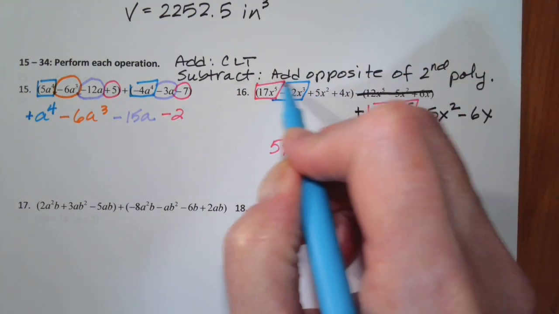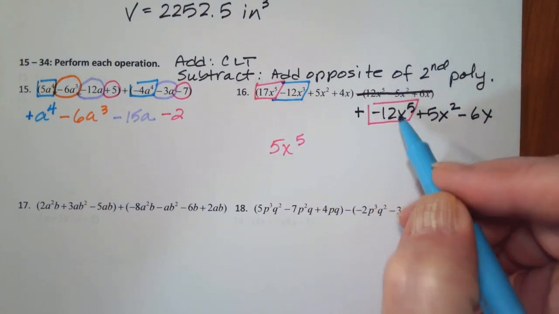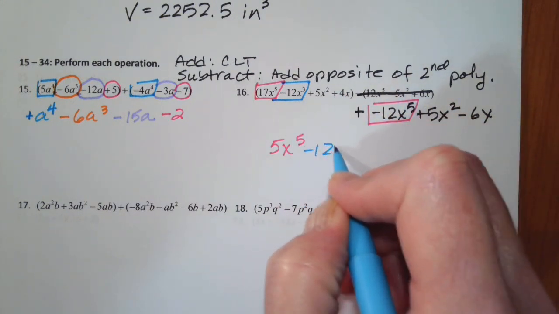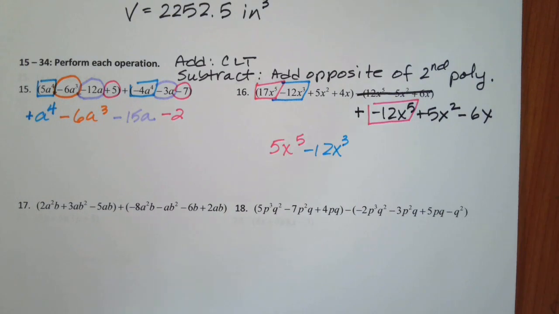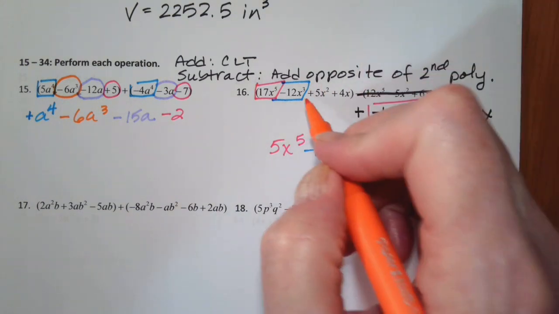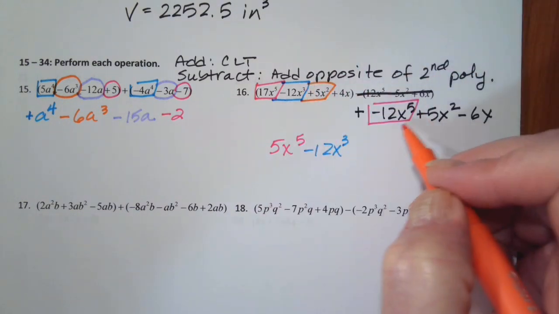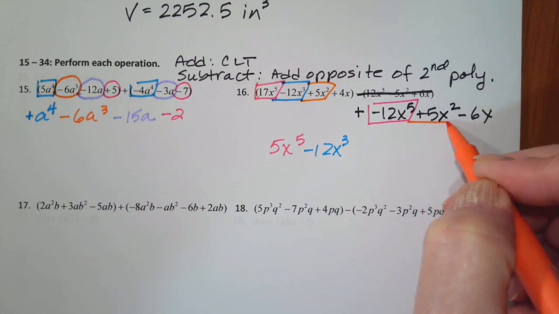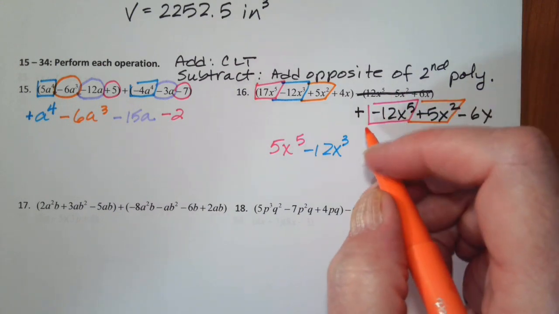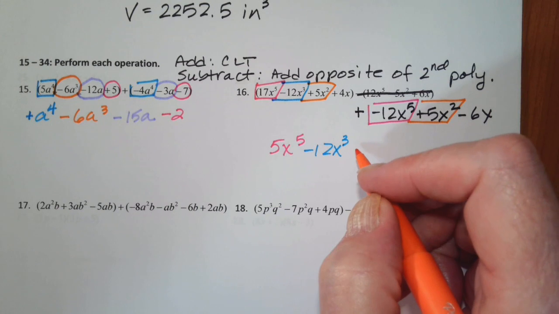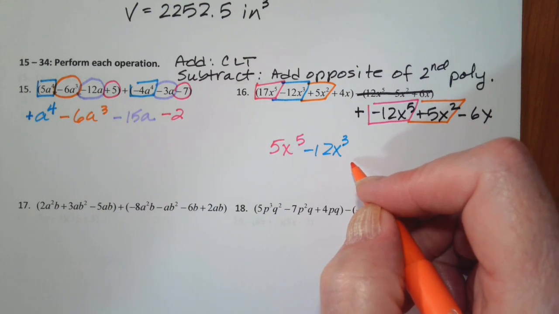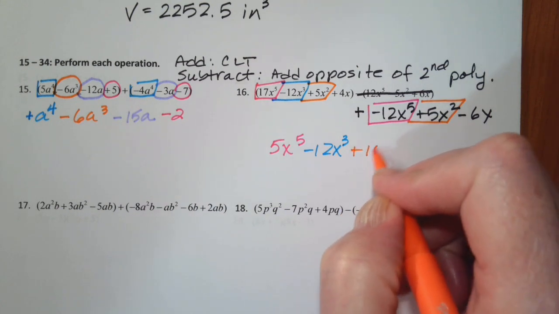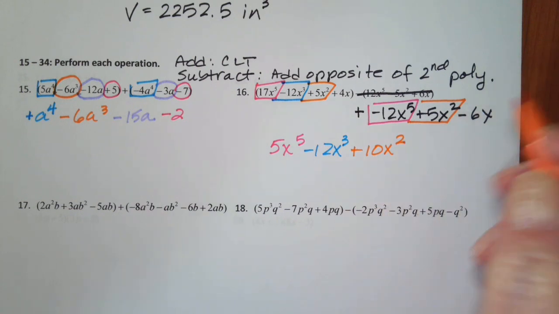I have negative 12x to the third, and that's all I've got there. I have 5x to the second plus 5x to the second, which gives me 10x to the second.